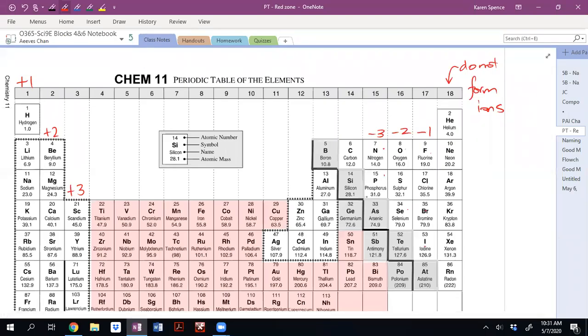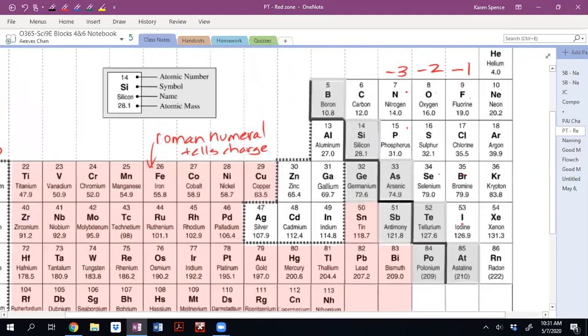Now, our last group, of course, the red zone, we use the Roman numerals to tell us the charge. But we have this one little mini staircase in the middle of everything with silver, Ag, zinc, cadmium, aluminum, gallium, and indium.